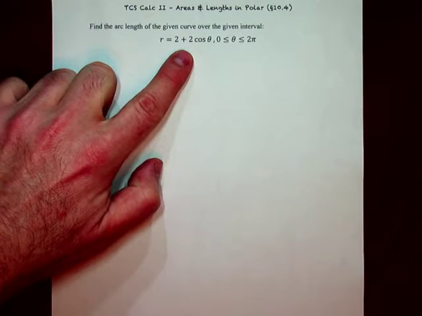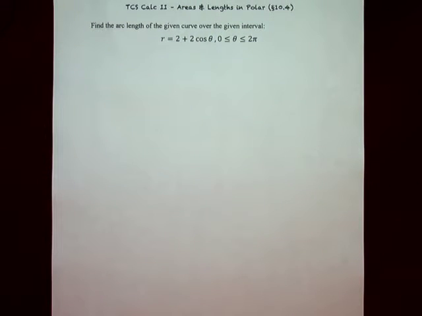Now, we find the arc length of the given curve over the given interval. You should recognize this as a cardioid. This is a limaçon where the constant and the coefficient are the same. That means there will not be an internal loop because r can never be negative, but it will come and touch the pole because it can be 0.